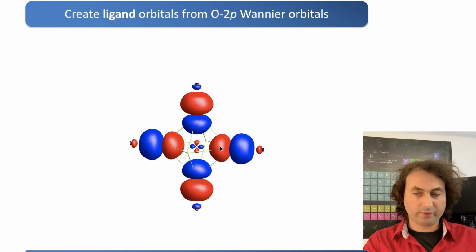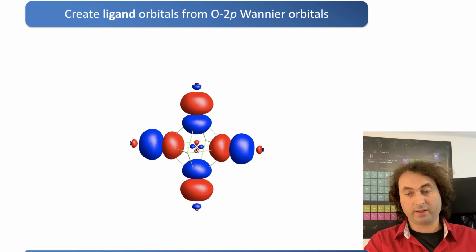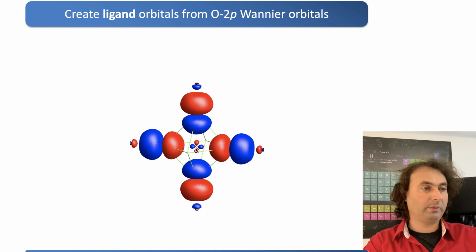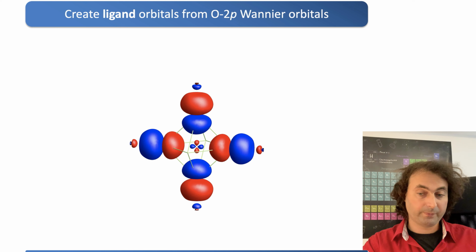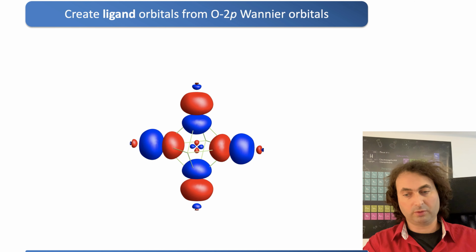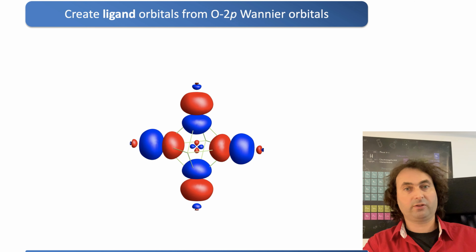You have an anti-bonding state between the p orbitals because you have different phases looking at each other, such that you have a node between them. Also note that your ligand d orbital has some x²-y² character of the d orbital on the nickel atom. That is because we orthonormalize the ligand orbitals with respect to the starting orbital, and when you orthonormalize them, you mix in some part of the original atomic orbital.